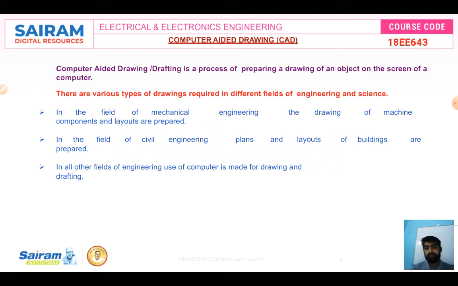In all fields of engineering, computer made drawing and drafting is used. Even if you want to design a car chassis or car wheels, we want computer aided electrical drawing, or CAD, the AutoCAD software tool for drawing purposes.